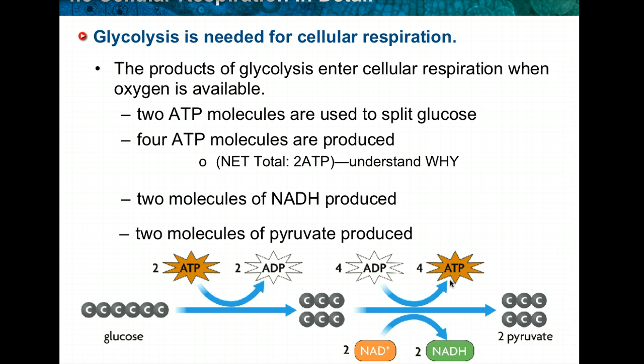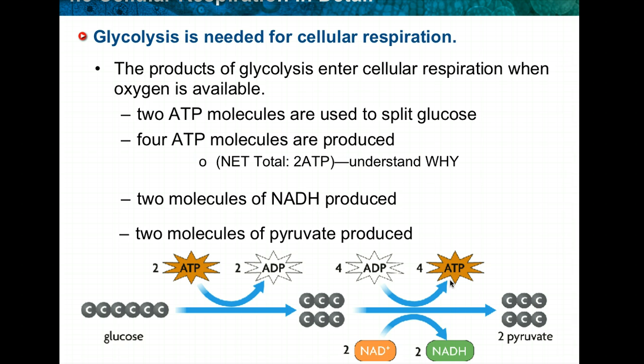The speed of glycolysis can be a very big advantage when the energy demands of a cell suddenly increase. Besides speed, so that's the first advantage, another advantage of glycolysis is that the process itself does not require oxygen.